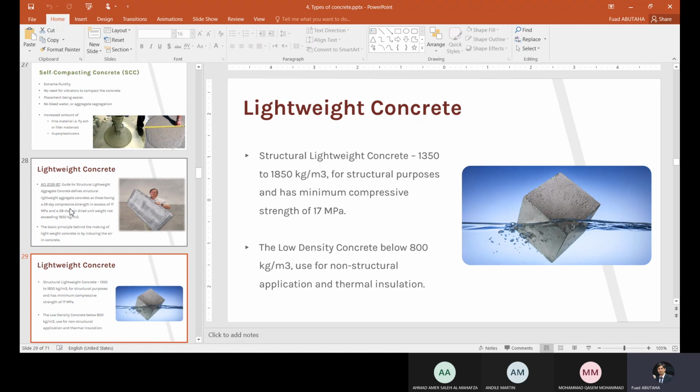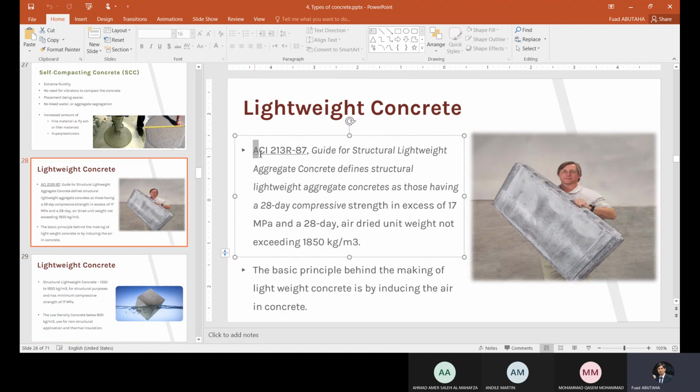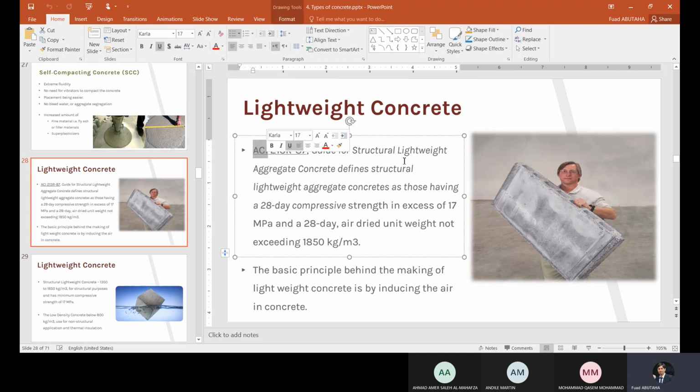The structural standard, ACI, the American standard, defines lightweight concrete as concrete with a density below 1,850 kilograms per cubic meter. This is the density that differentiates between normal and lightweight concrete. A lower density than this value, we can call lightweight concrete. A higher one will be normal weight concrete.